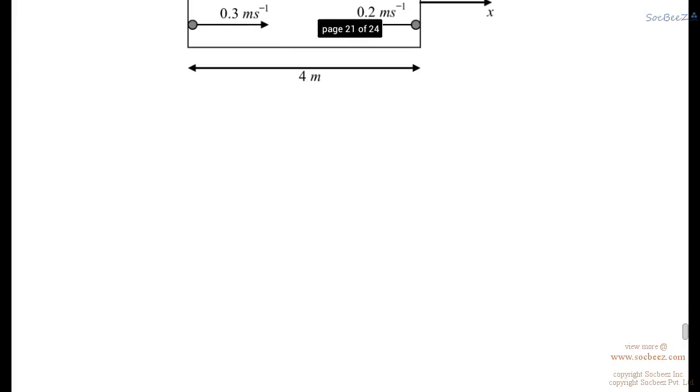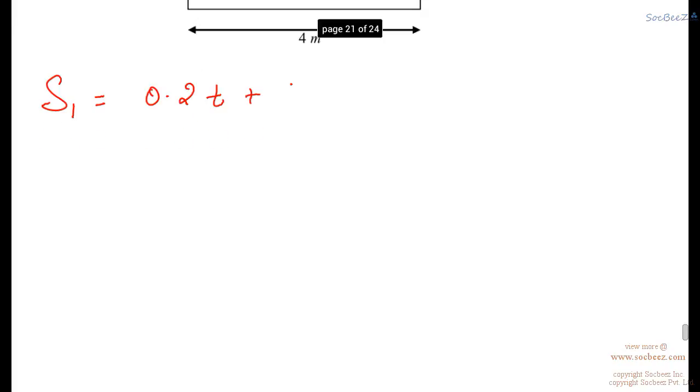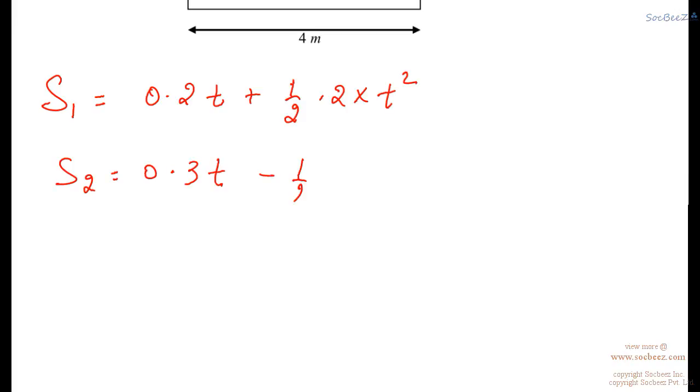Well, here we know by applying Newton's second equation of motion, S1 is 0.2 t plus half into 2 into t square, and S2 is 0.3 t minus half into 2 into t square.